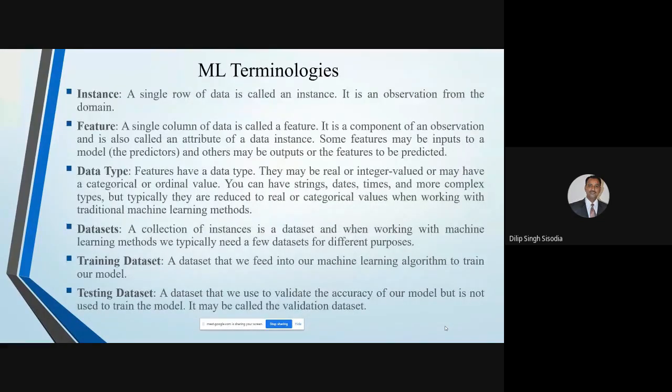Now come to the terminology. Like we have seen, one terminology is the difference between algorithm and model. Similarly, machine learning is totally driven by data, or machine learning models are prepared by using data. So data is very important, and how to represent this data. So terms are used like instances or tuple.